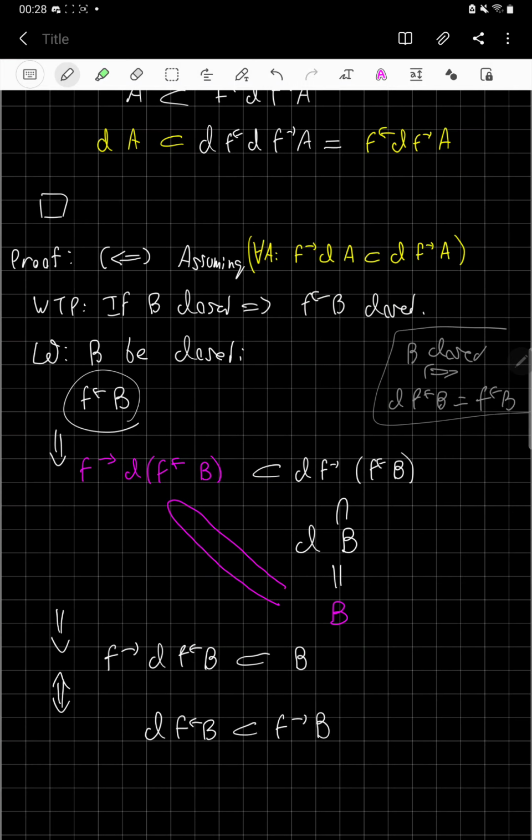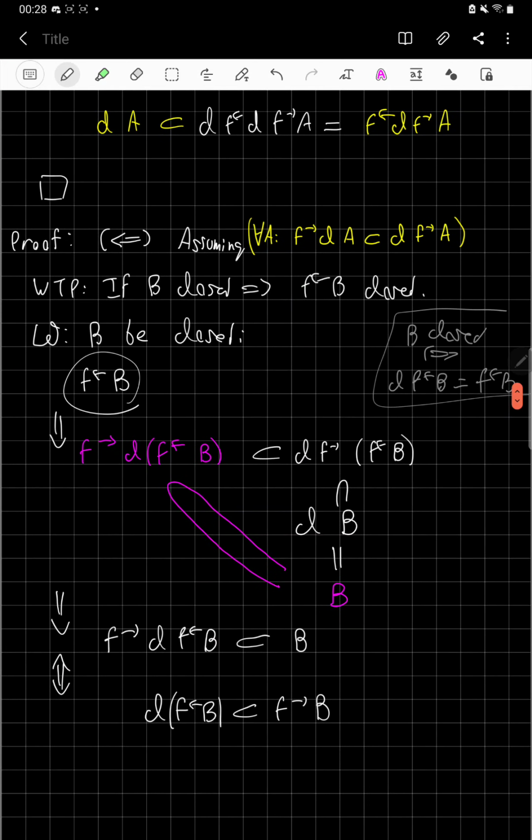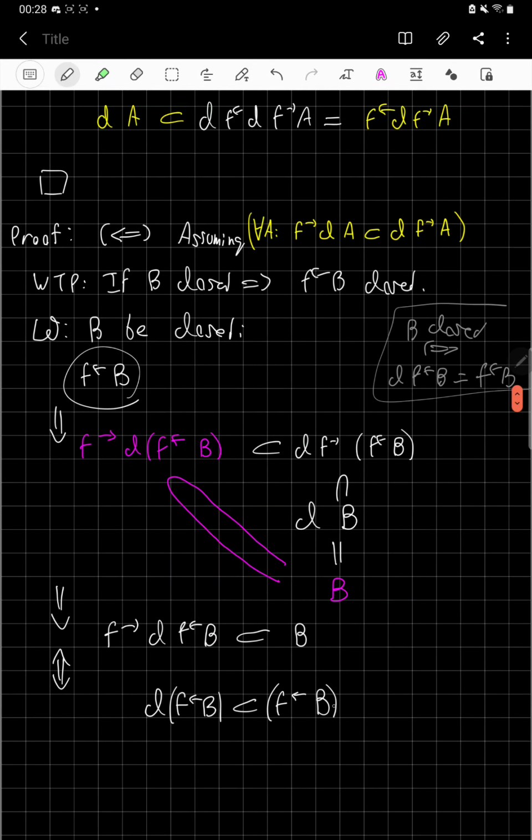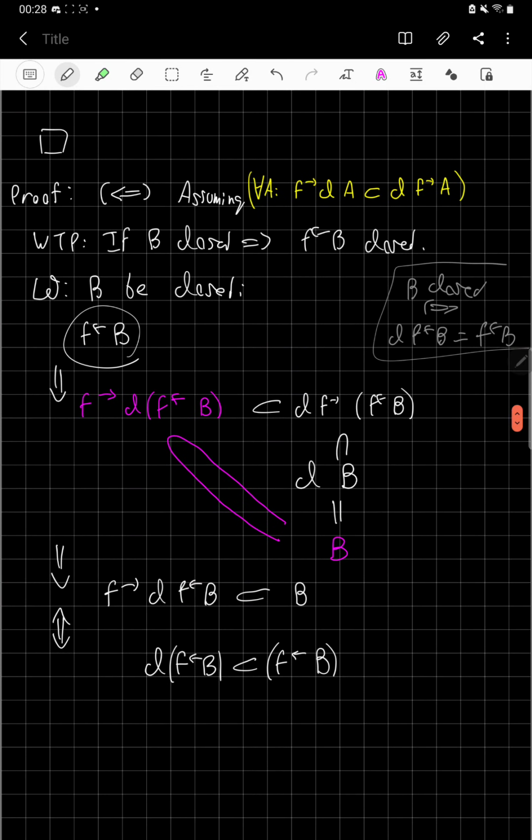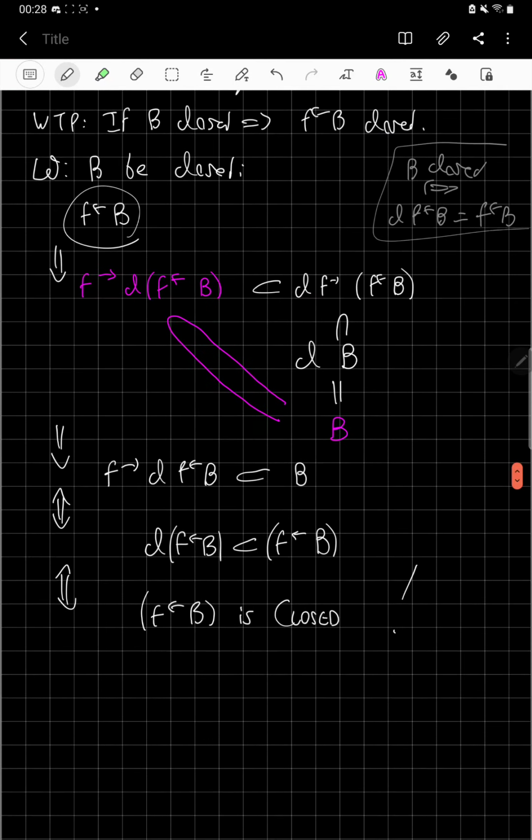It's actually equivalent, but yeah. Oops, I messed up. Wrong direction of the arrow. So the closure of the inverse image of B is included in the inverse image of B, which is the same thing as saying that the inverse image of B is closed. Okay, that's all we wanted. Done.